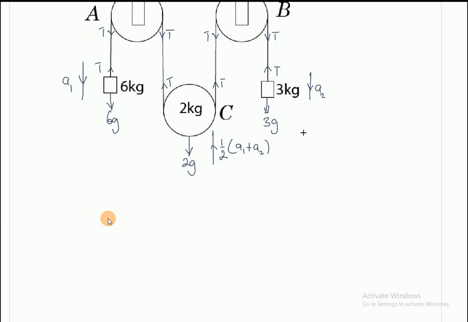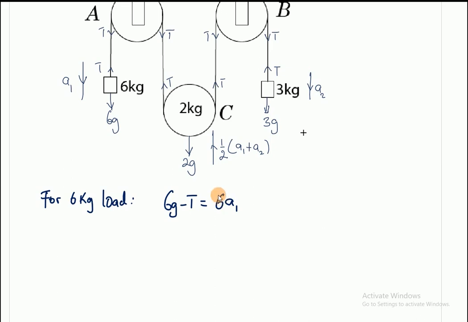So we are going to say that for the 6 kilogram load, you see it is moving downwards. So we are supposed to have that the weight is bigger than the T. So you have 6g minus T is equal to ma, which is 6 times A1.